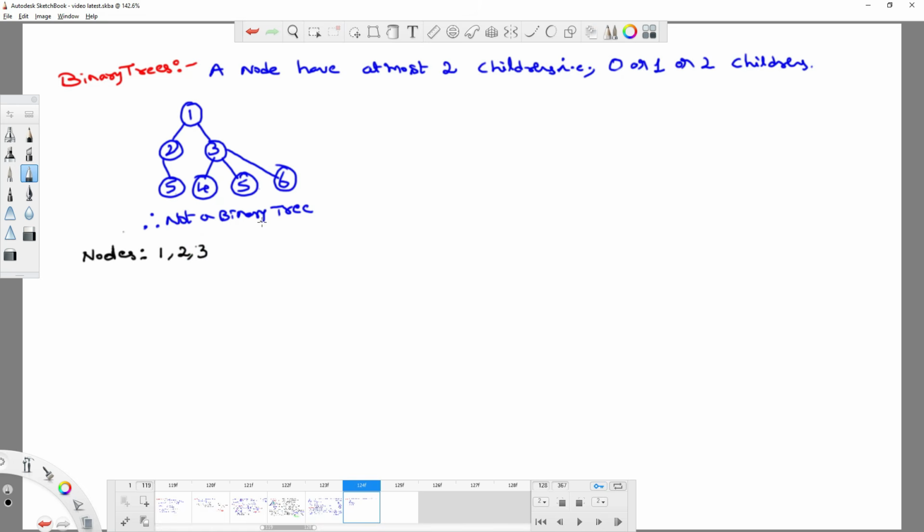I have taken only 3 nodes for the sake of simplicity. How can we draw the trees here? What are the different types of trees possible?